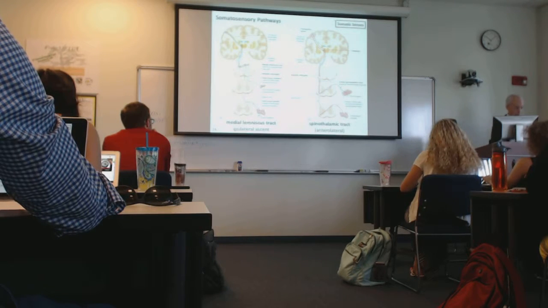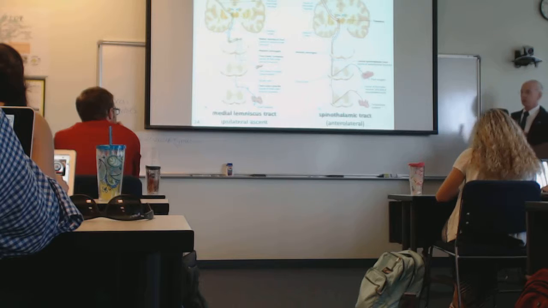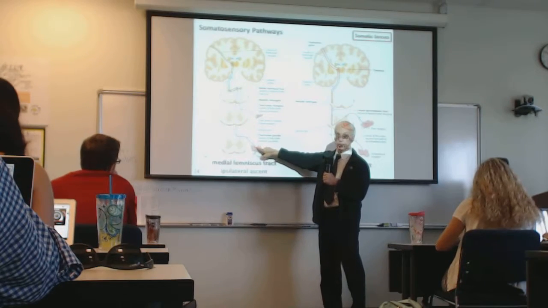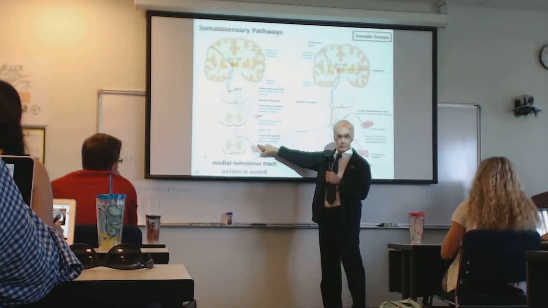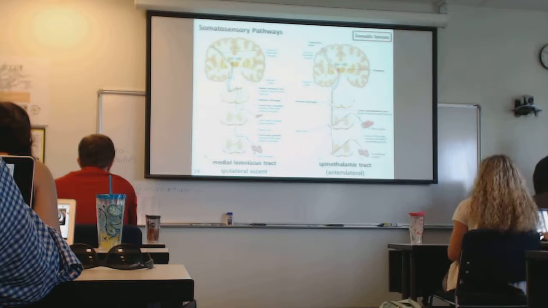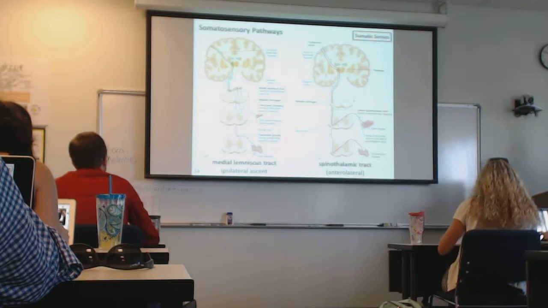So, by the way, all of our terms, when we talk about how the information is ascending to the brain, it's always with respect to the stimulus, always with respect to where the sensation, probably should just use the word stimulus, is initiated. All right, so let's follow this track. Here's our sensory neuron.